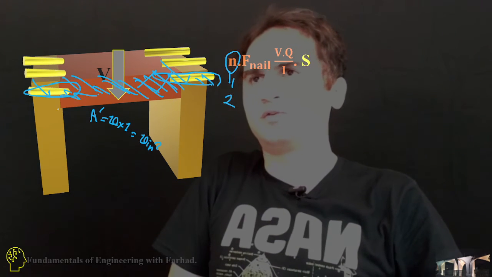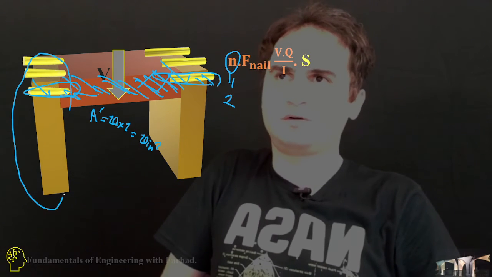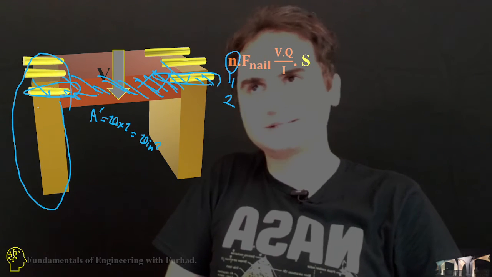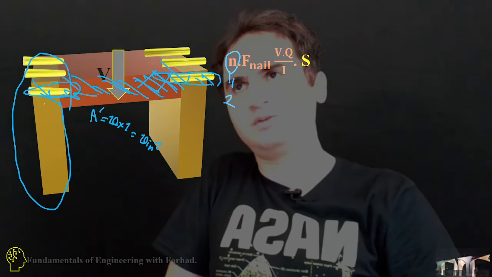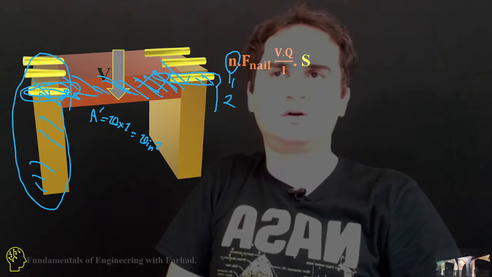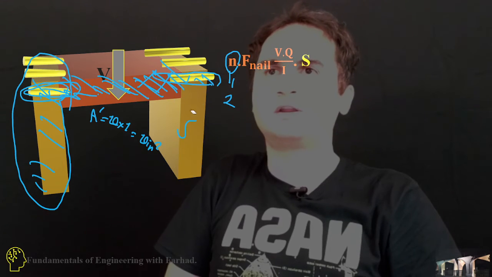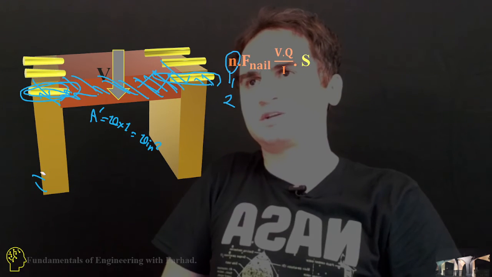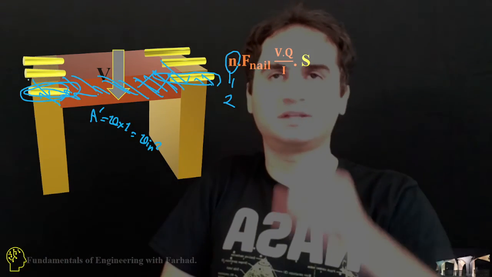So you can go for each of the parts. You can observe it for one of the legs. If you separate the legs from the top part, you need to go for this area and use one of the nails. Or the other option is to go with the top part and consider the two nails which hold the top part.